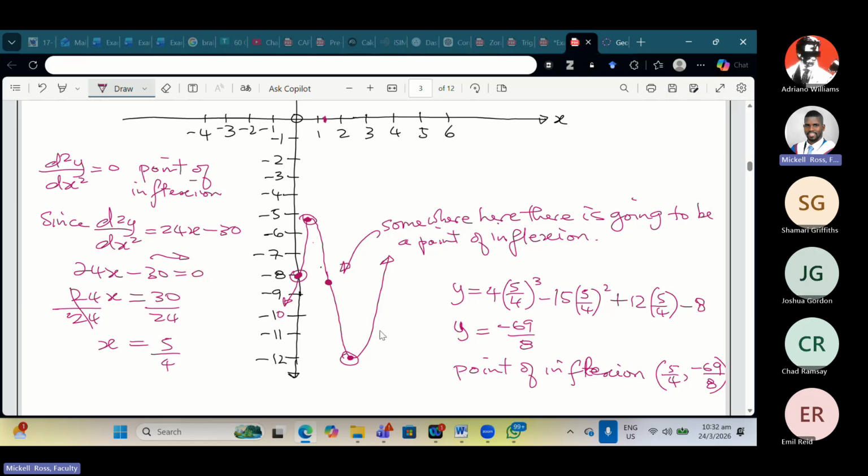So this is where it changes direction. Instead of just completing a maximum curve going up and coming down, it changes somewhere here to a minimum curve and coming back up. That is what happens with the point of inflection.